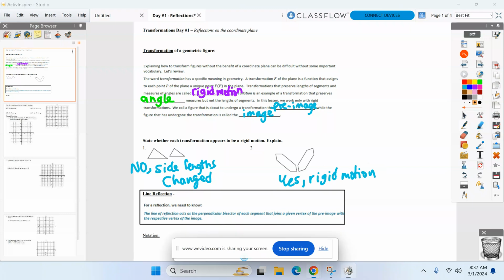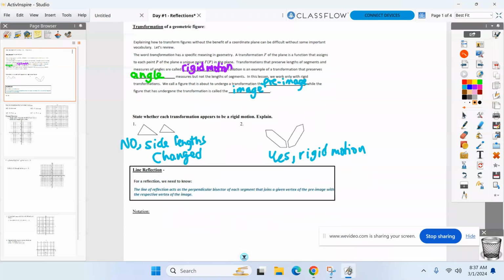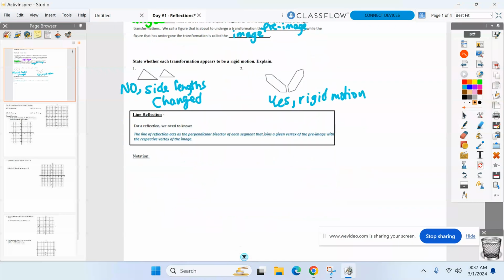All right, our first transformation we're going to cover today is a reflection. Every day in this unit is dedicated to a different transformation. Today is a flip, aka reflection. Notation first, because we do not want to write out the word reflection every time. We have a symbol for it, and I say symbol, it's actually a letter, lowercase r.